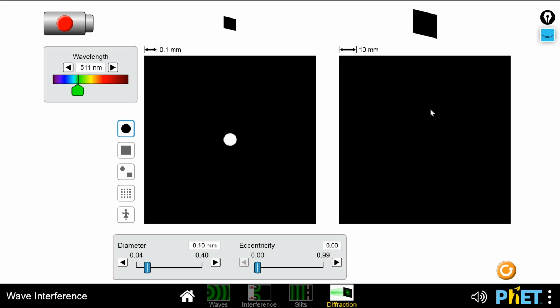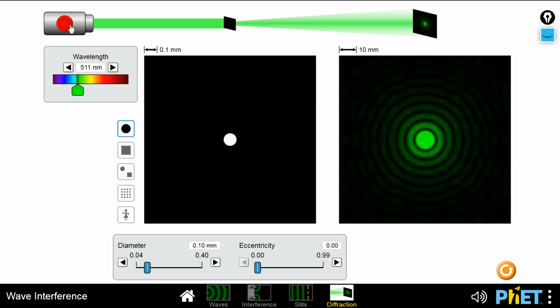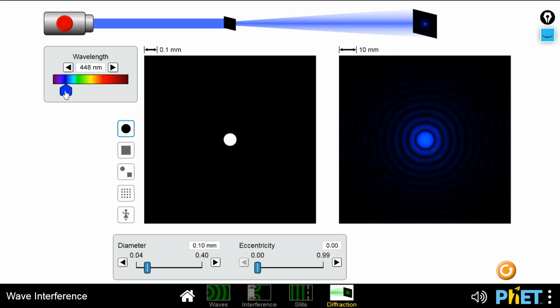So in this case we have a coherent set of light, a laser, and we turn it on. In this case it's green. Let's go a little bit down further, blue, and we're going to pass it. There's a square here which contains small openings, and the openings are in nanometers. The wavelength of light is on the order of hundreds of nanometers.